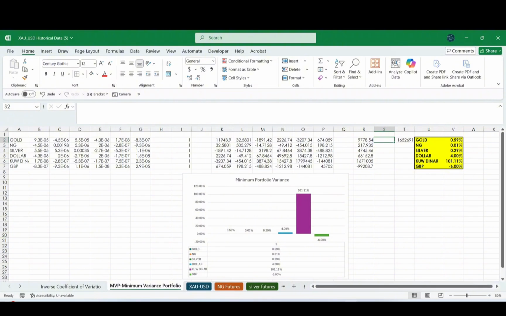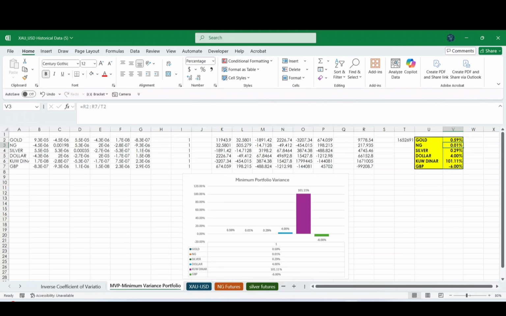From this asset allocation, we can see that we can hold 0.59% in gold, less than 1%, negligible. In natural gas, 0.01% because it's extremely volatile, 0.33% in silver, 4% in dollar, Kuwait dinar outstandingly overweighted at 101.11%, and GBP at -6%.